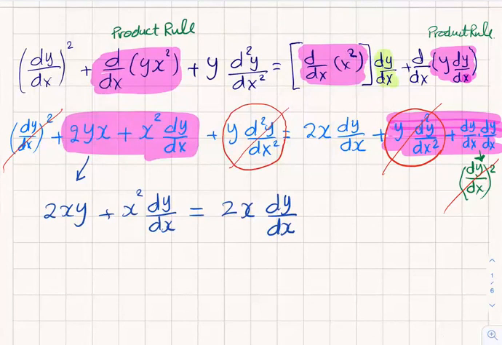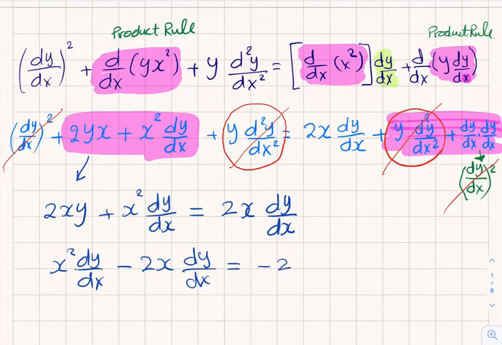Well, before that, I will put the dy/dx on one side, like what we did in implicit differentiation. So this is going to be x squared dy/dx minus 2x dy/dx equals minus 2xy.